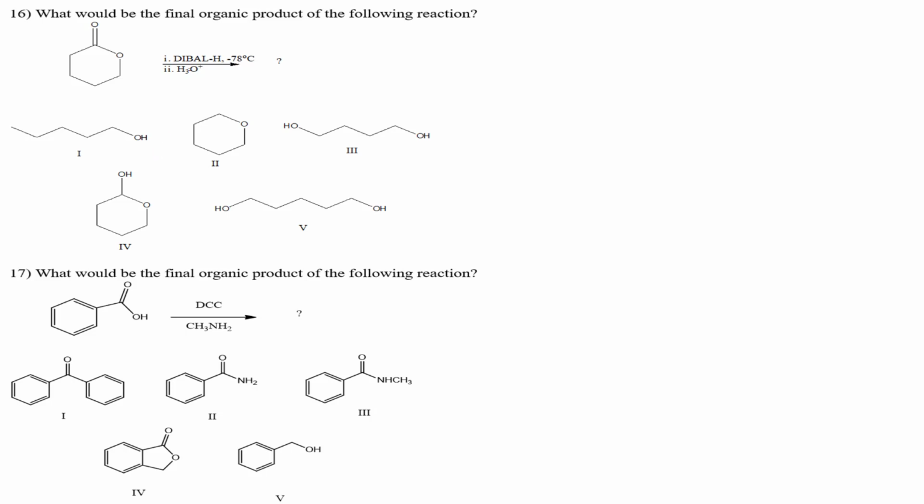So this one is actually going to be forming aldehydes. And you're going to see why that's pretty important. So if we were to ignore this oxygen, let's pretend it's a carbon, you're going to see a ketone. And you're going to say to yourself, oh, I know that a ketone, whenever I treat it with DIBAL, is going to become an aldehyde.